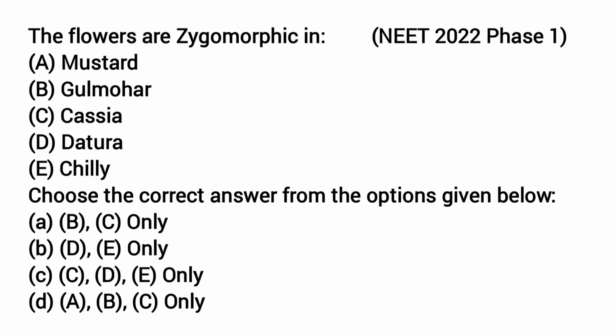The best examples for that are pea, gulmohar, bean and so on. So in the given options, B and C are examples of zygomorphic flowers, that is gulmohar and cassia, and that is given in option A. So option A is the correct answer for this question.